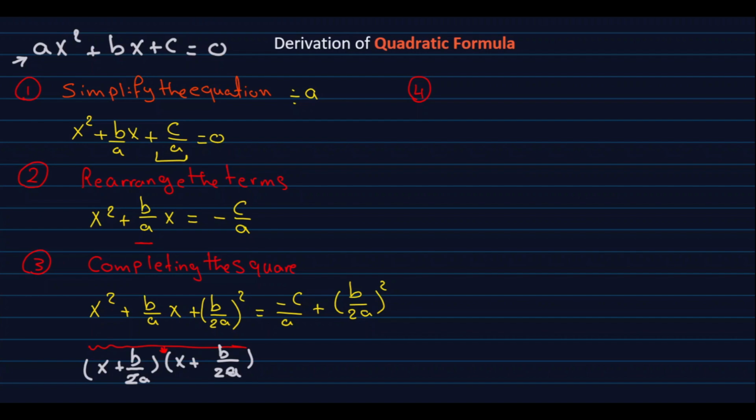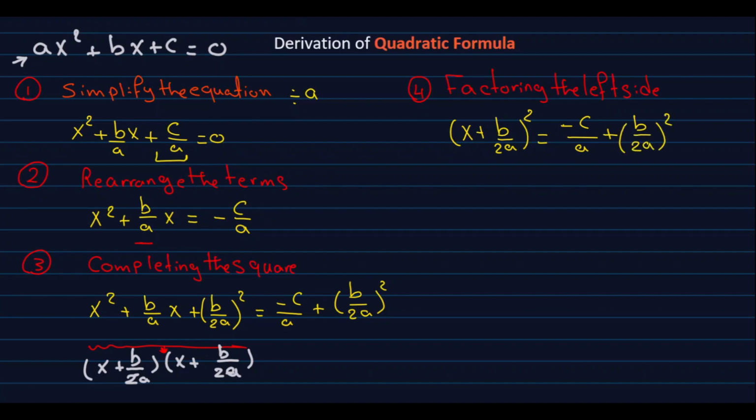So step number 4 again is factoring the left side. x plus b over 2a, all of this side squared, equal to negative c over a plus b over 2a squared. We can also do something over here: we can combine these two terms. If we apply the power of 2 to this bracket, we end up combining the two fractions.